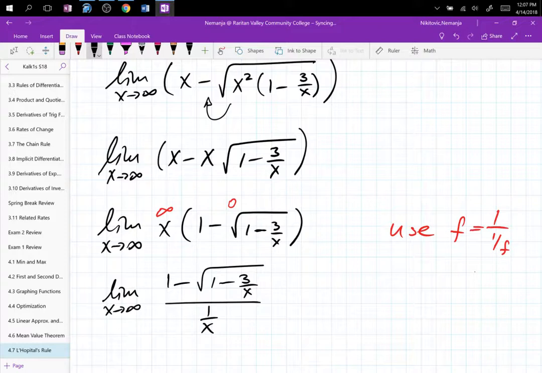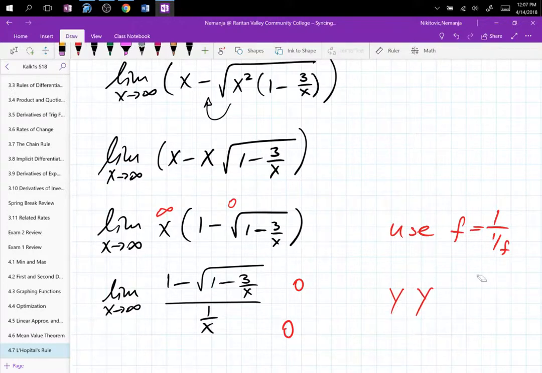Plug in infinity, and we have 0 over 0. We can finally start doing the problem, right?